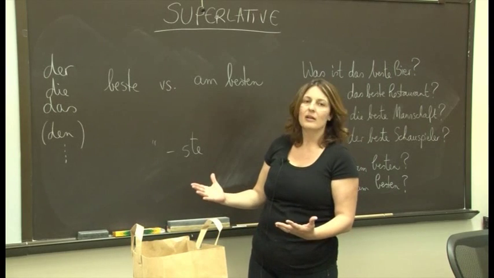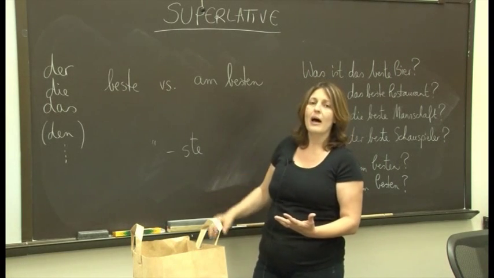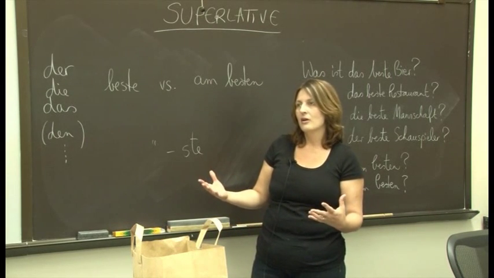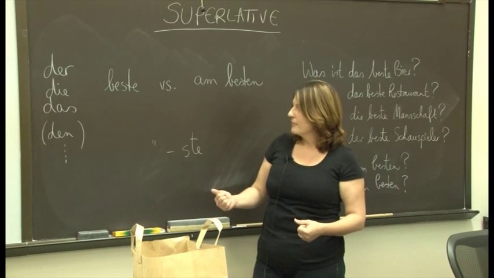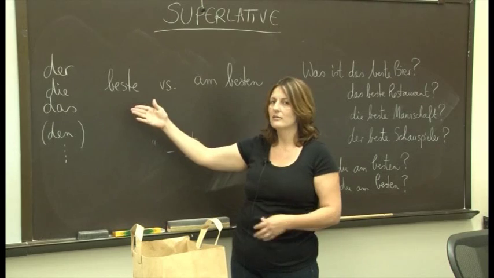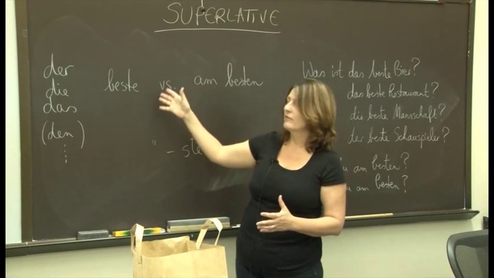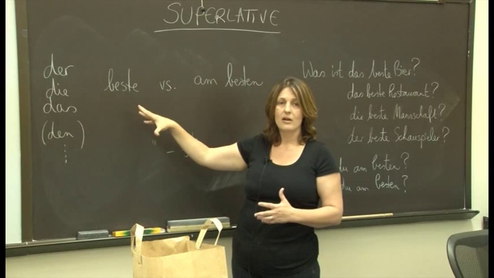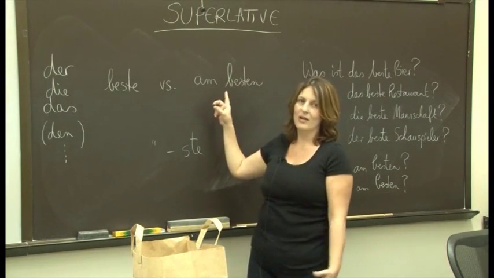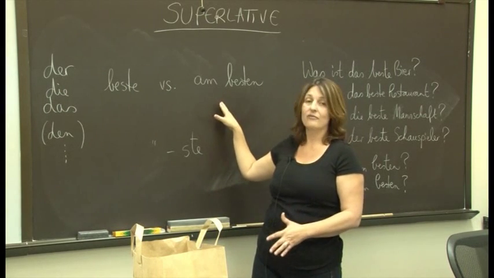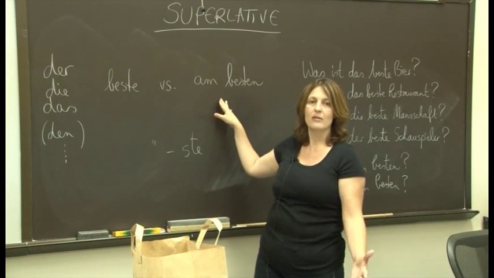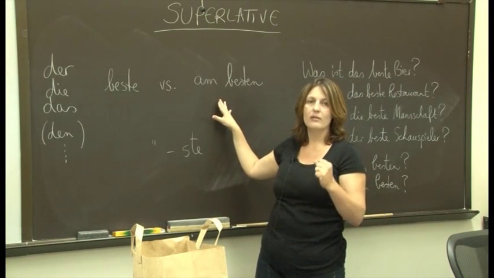All right, so now we have to take a look at when to use am besten, am schönsten, am ältesten, am schnellsten. Well, think for a moment. If you had to use der, die, das, beste, or whatever, in front of a noun, use it as an adjective. Obviously, this is going to be when we don't have a noun, when we use it as an adverb, not an adjective. It's referring to a verb. You do something the best, or you run the fastest.